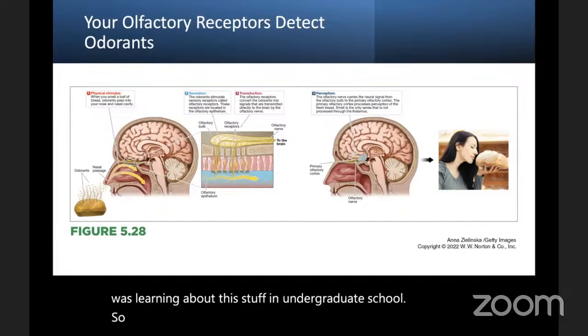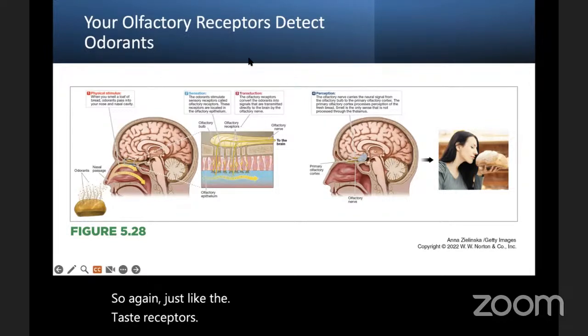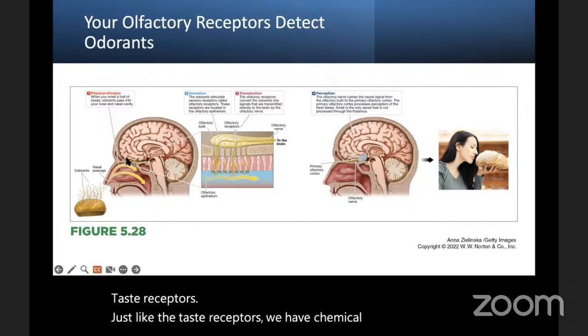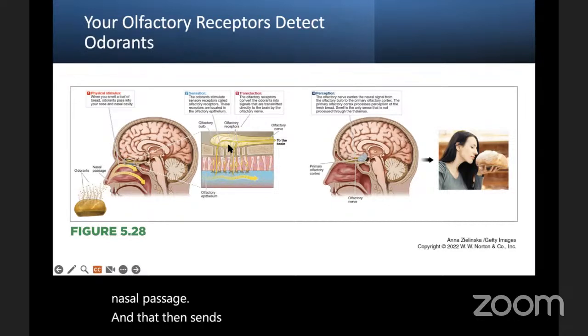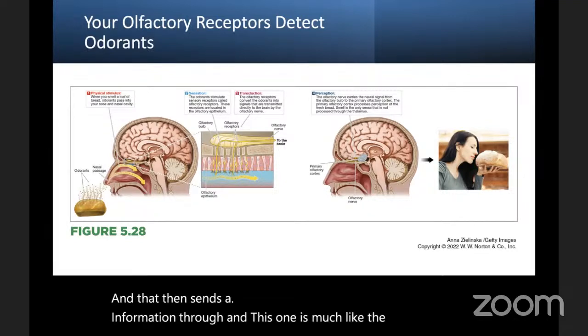So again, just like the taste receptors, we have chemical receptors within the nasal passage, and that then sends information through. And this one is much like the visual system.